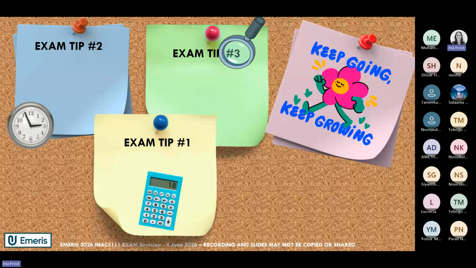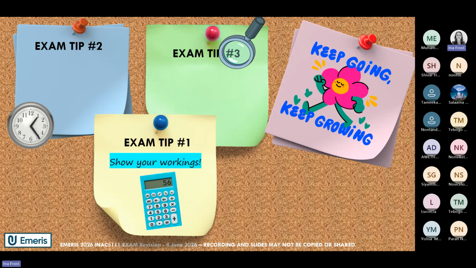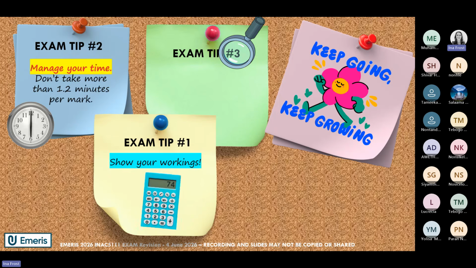Before we wrap up for today, just a recap then. Please remember all of our exam tips. When you're in that exam room, you're going to be showing us all your workings. You're going to be managing your time so your time doesn't run away from you.